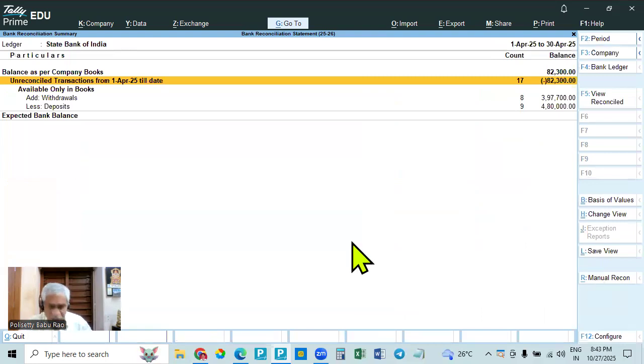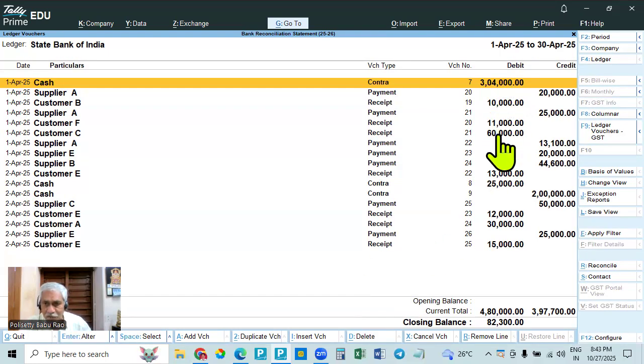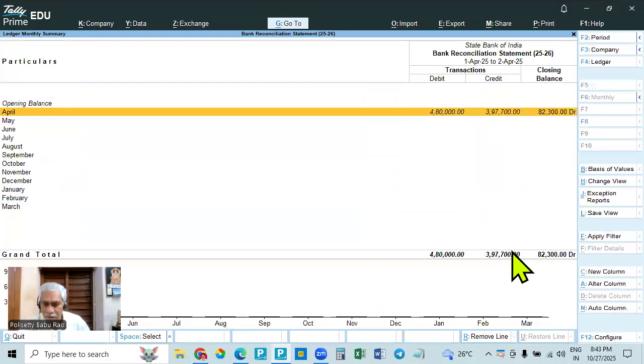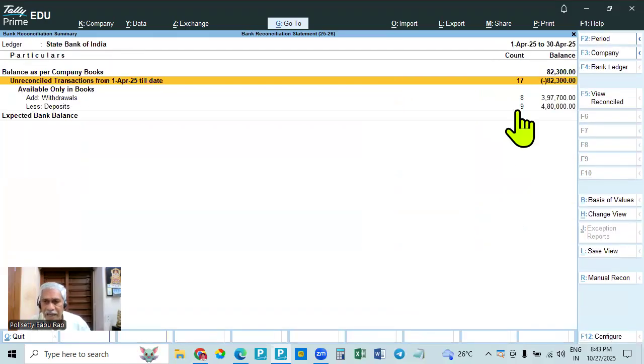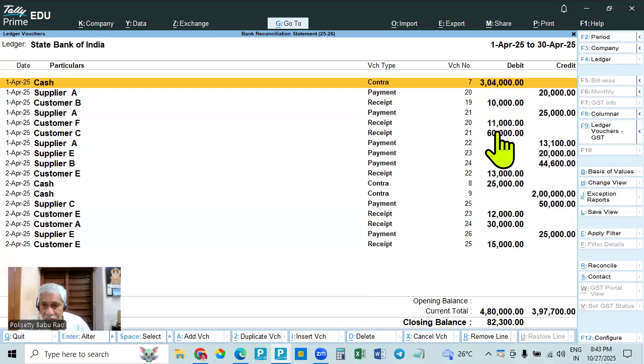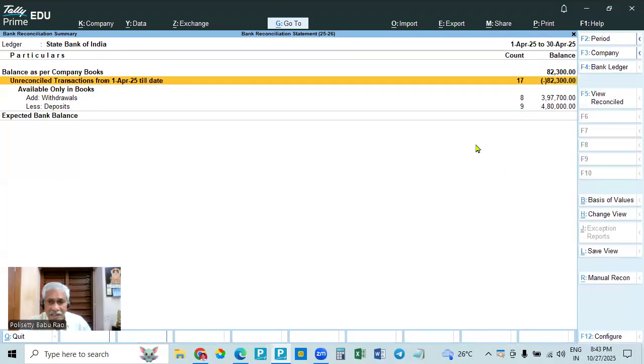It will show how many transactions: 1, 2, 3, 4, 5, 6, 7, 8, 9. Nine on the debit side means deposits. Take deposits, nine transactions, that is the total amount.